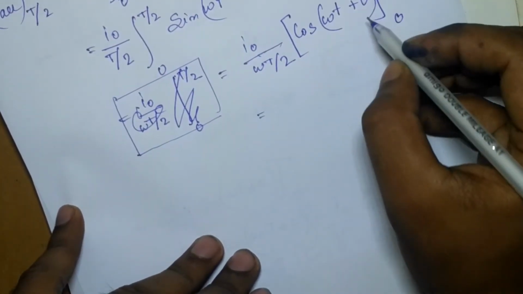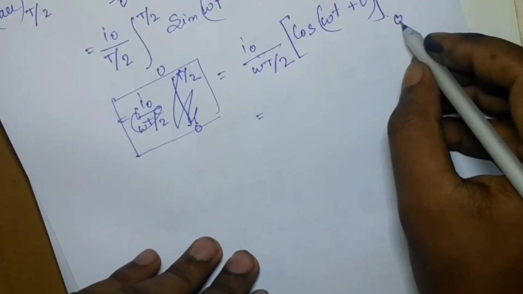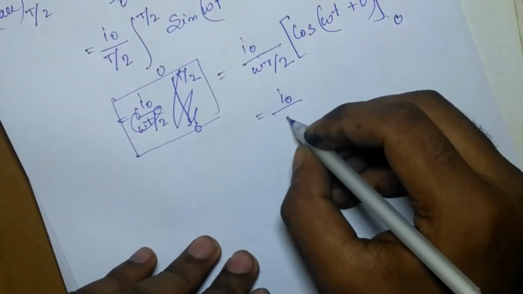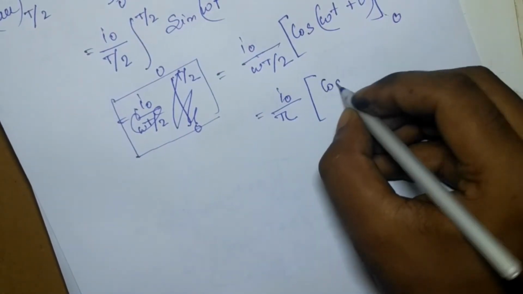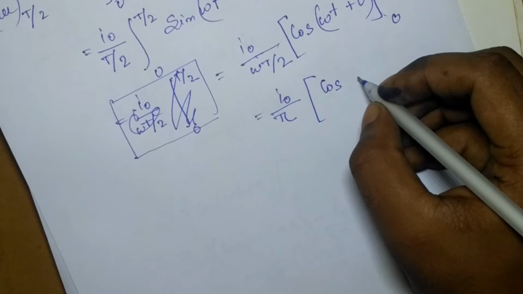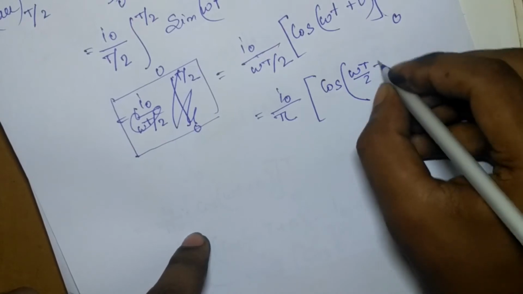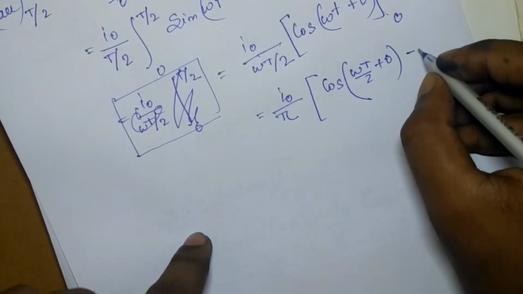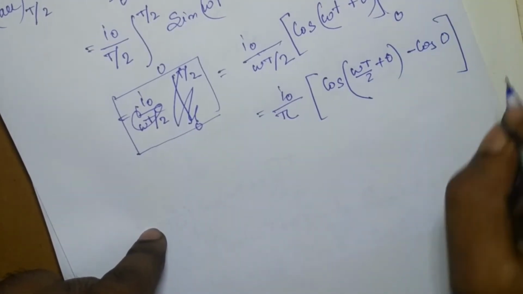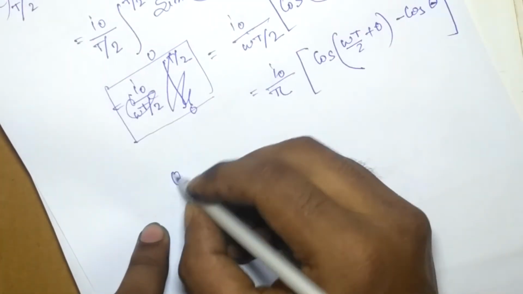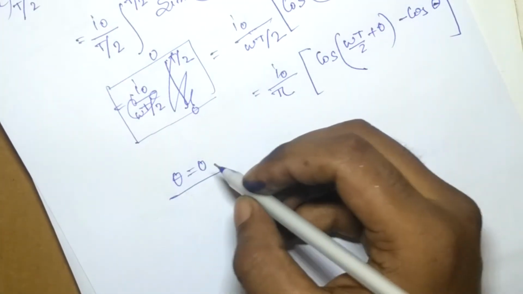Now we will put this value here first and then the value 0. So I0 by pi, cos(omega T by 2 plus phi) minus cos phi. Now if we take phi equal to 0, that means our wave function is sinusoidal.